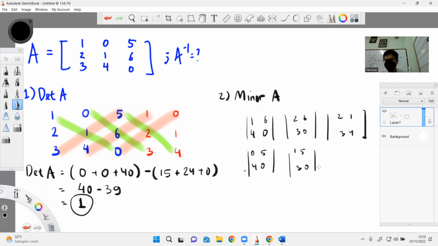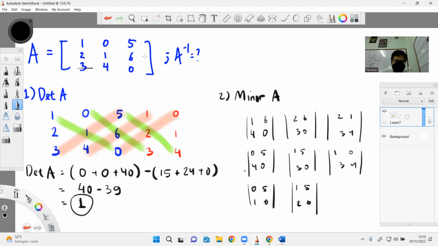This is 1 5 3 0. And then row 2, column 3, 1 0 3 4. Okay. And last row. See, it's not as hard as the formula, right? 0 5 1 6. And then, oh, two more. 1 5 2 6. Make it fast. Then last one, 1 0 2 1.